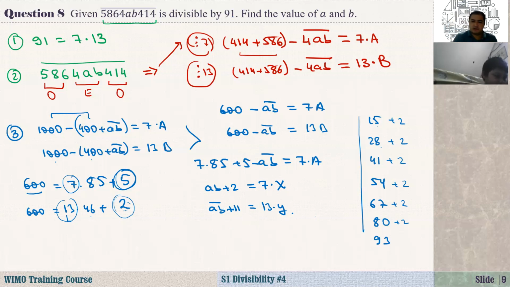Okay, this should be minus 2, right? 65. Okay, with the 65, just a minute, minus 65 and divided by 13.